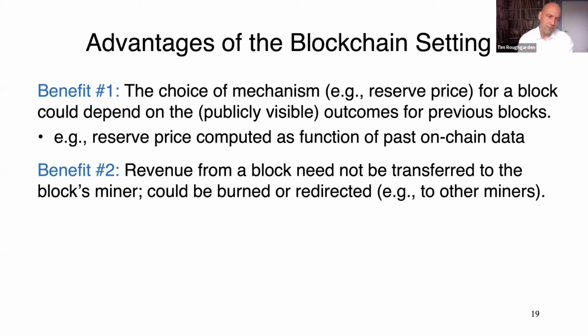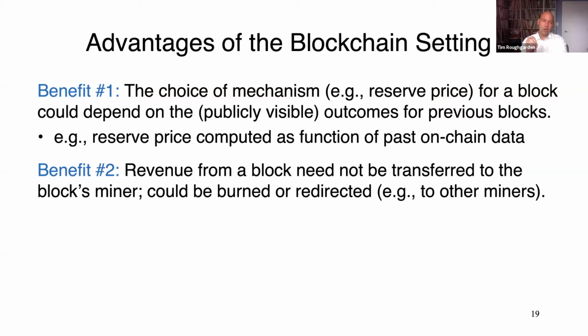The second thing we have going for us is that we have tremendous control over the flow of the payments. While a miner can control which transactions it includes in a block and which ones it doesn't, the flow of the payments is completely hard-coded in the protocol. Baked into the protocol's code right now, it says, whatever the user's bids are gets transferred to the miner of the block.